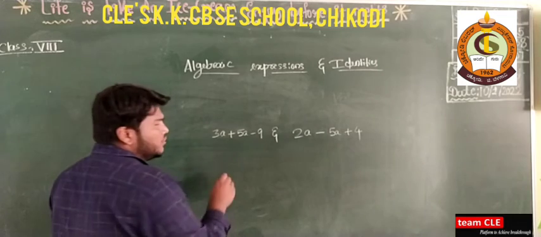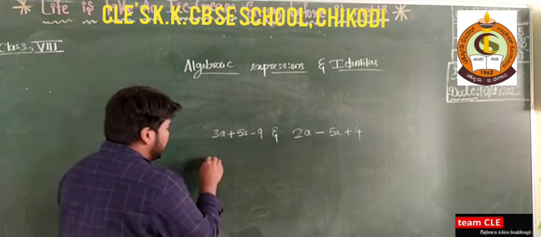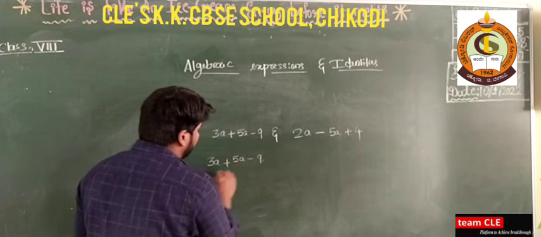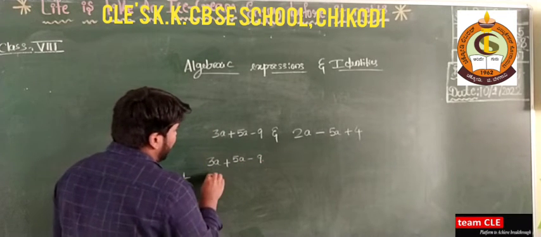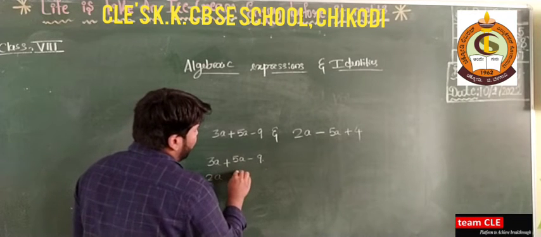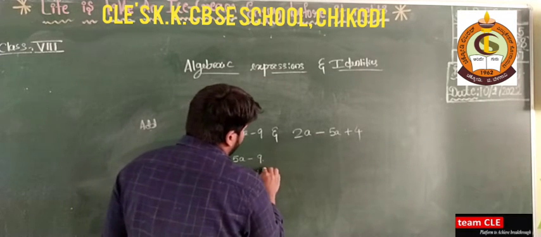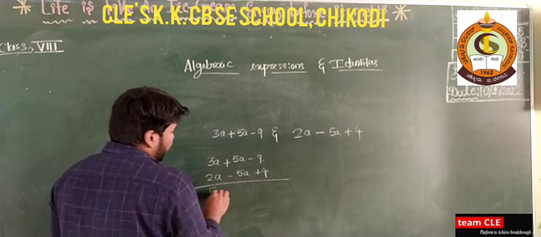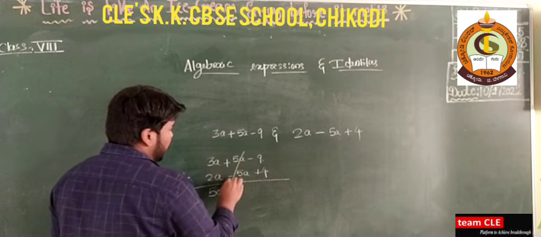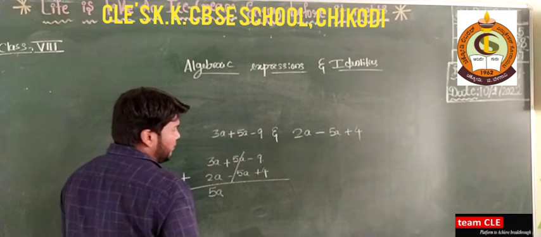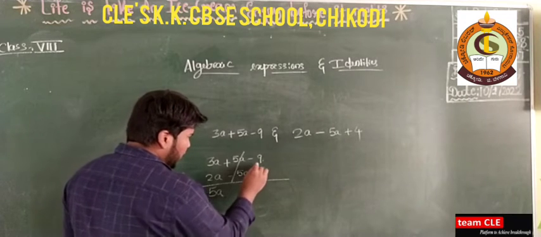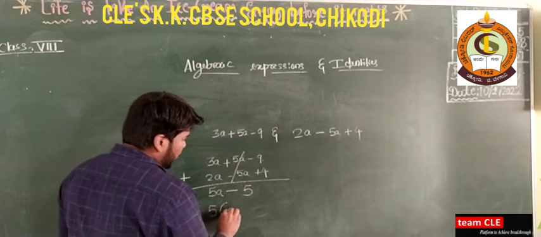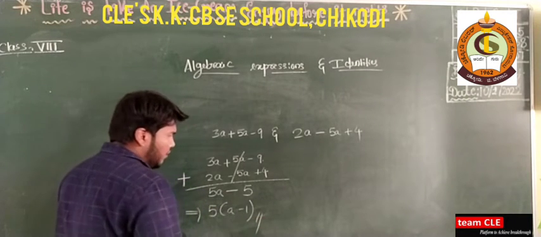Add these algebraic expressions. So 3a plus 2a is 5a, plus 5a minus 5a get cancelled. Then 9 minus 4 is 5, and by seeing the greater number we keep this sign. So 5a minus 5, or 5 into bracket a minus 1, is your required answer.